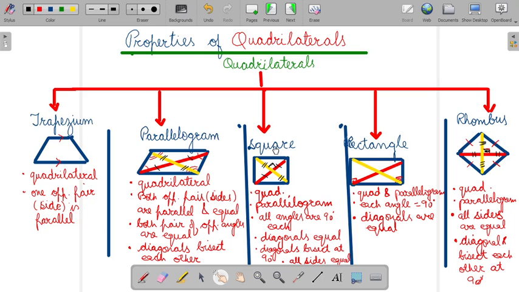Be careful, you have to remember square, rectangle and rhombus are also a parallelogram. तो इन तीनों में, स्क्वायर, रेक्टेंगल एंड रॉम्बस में, ये पैरेललोग्राम की सारी प्रॉपर्टीज भी इंक्लूड होंगी. And the remaining unique properties are these ones, which you have to remember. I think this concept is clear to all of you. Thank you.